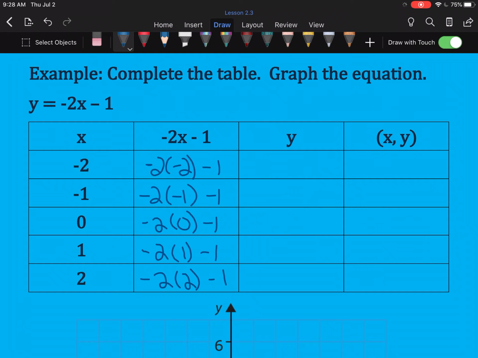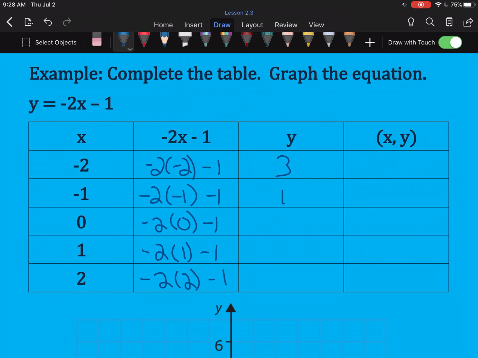Now the order of operations would tell me to multiply and then subtract. So negative 2 times negative 2 is positive 4. Positive 4 minus 1 is 3. Negative 2 times negative 1 is positive 2. 2 minus 1 is 1. Negative 2 times 0 is just 0.